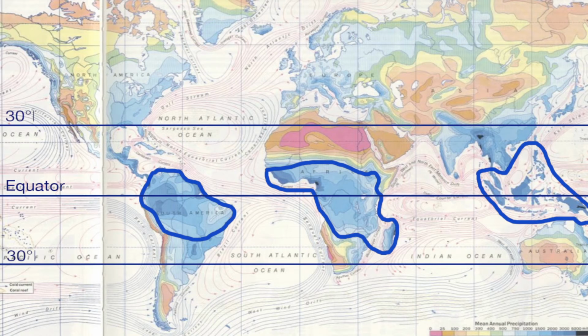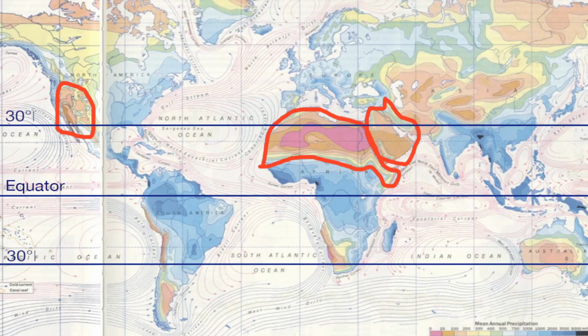Whereas when we move to 30 degrees north latitude, we find the Sahara Desert, the Middle East, and over on the other side of the Atlantic Ocean, the American Southwest, Southern California, Arizona, New Mexico, West Texas, all exceedingly dry areas formed by the subtropical high.